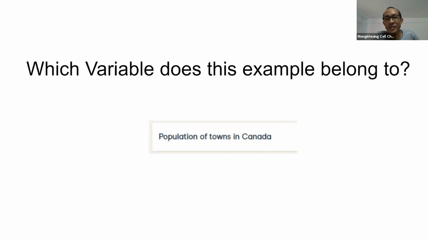This is actually a large data set of the population within towns of Canada itself. Okay, let's try this one. In Cambodia, there are many provinces, right? If I said the province name of this column for Excel, and then one cell said Prey Veng, one other cell said Siem Reap, the other cell says Phnom Penh.